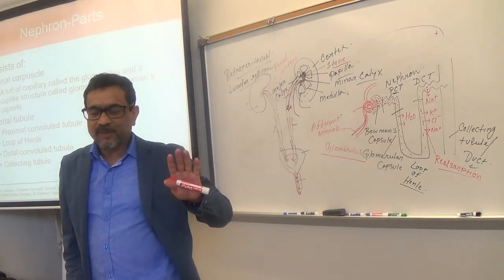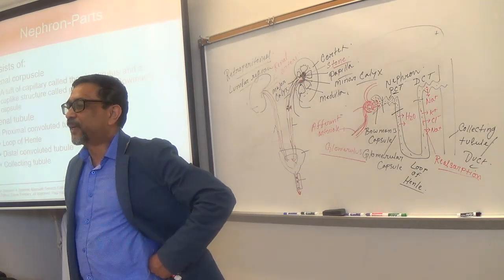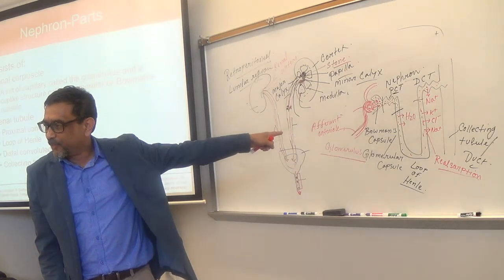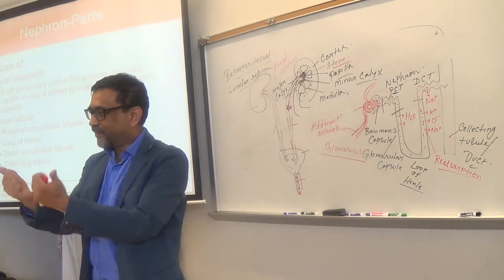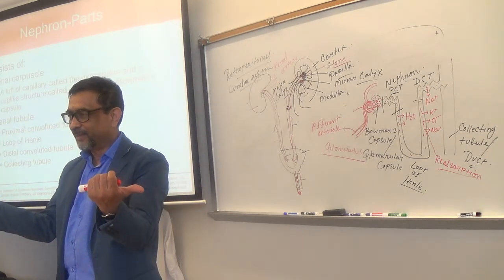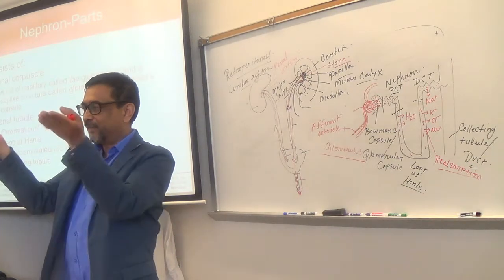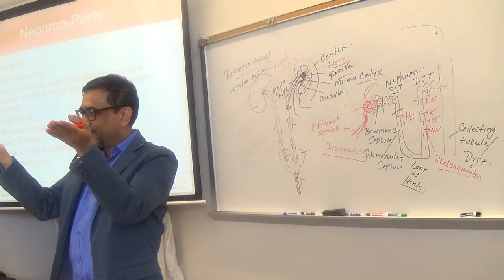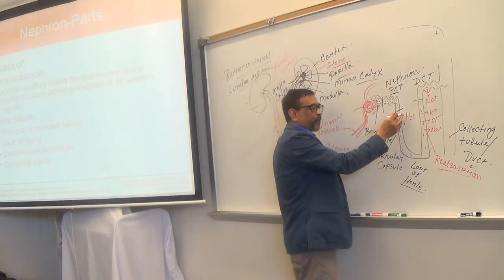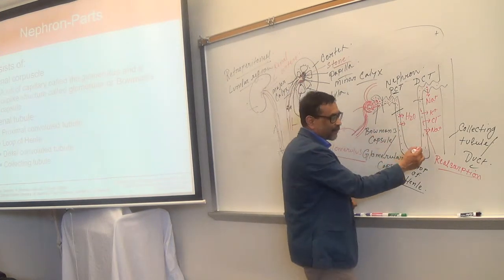Make sense? Now, if I ask you that a lot of water has been reabsorbed in the nephrons, that means a lot of water has returned to the body, right? So that means in the body, water will be more. Make sense? Now you tell me, if I say reabsorption of water stopped, that means what?